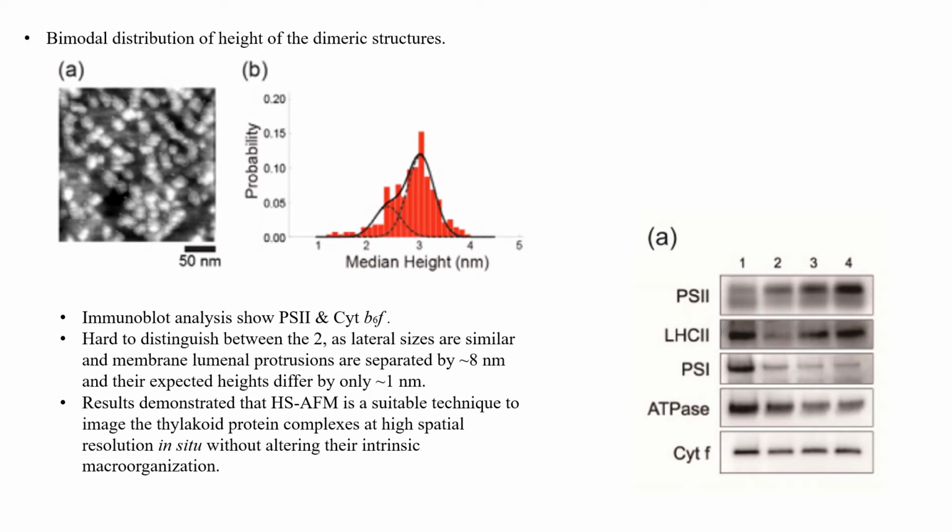So these results demonstrate that HS-AFM is a good technique to study the different protein complexes in a spatiotemporal manner without altering the intrinsic macro organization, or at least its spatial resolution ability is clearly shown in these results.